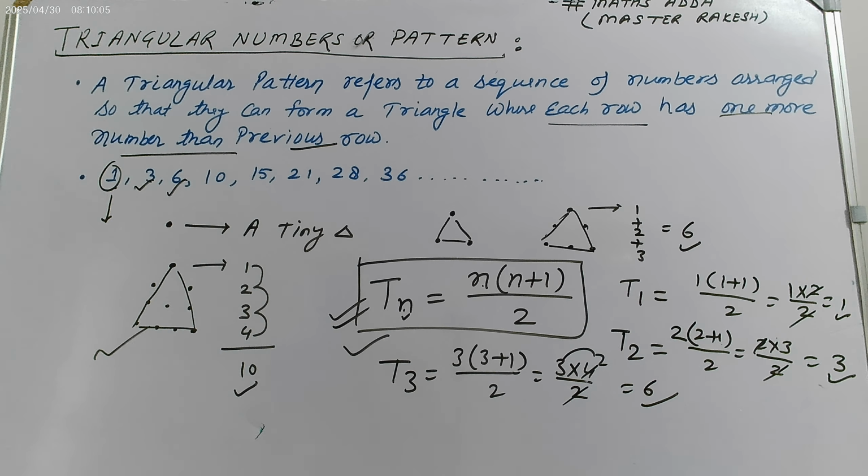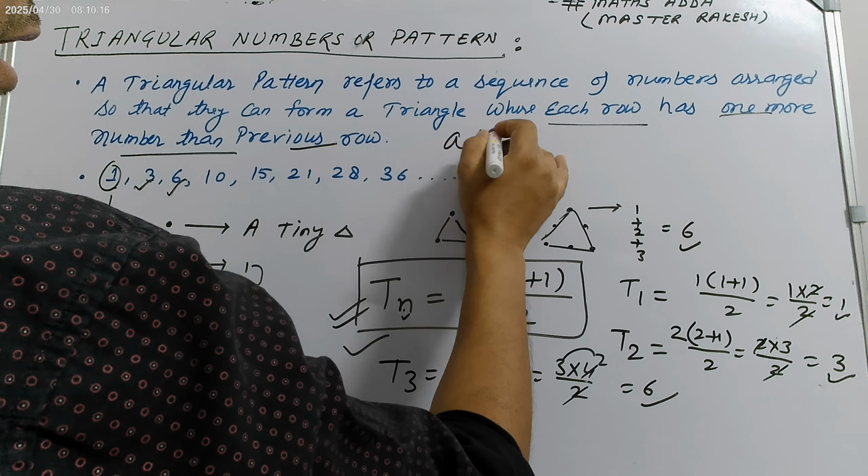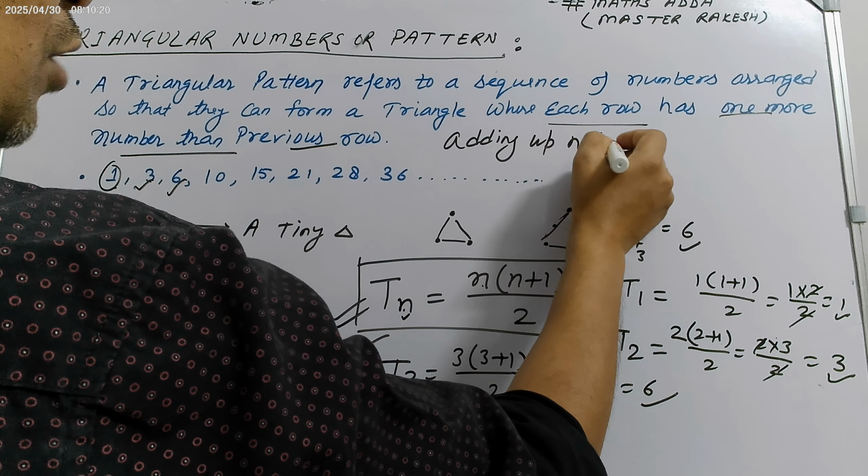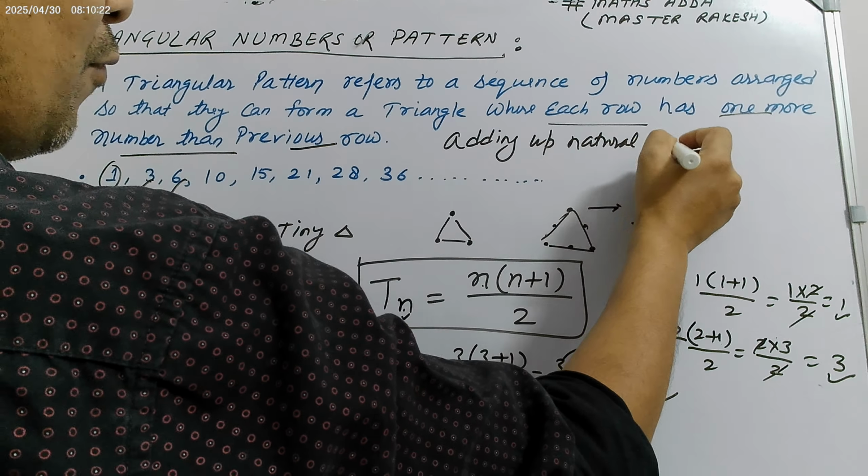If you understand this formula, it will keep going. In simple words, triangular numbers are about adding up natural numbers one by one. What are natural numbers? Natural numbers are counting numbers 1 2 3 4 5.